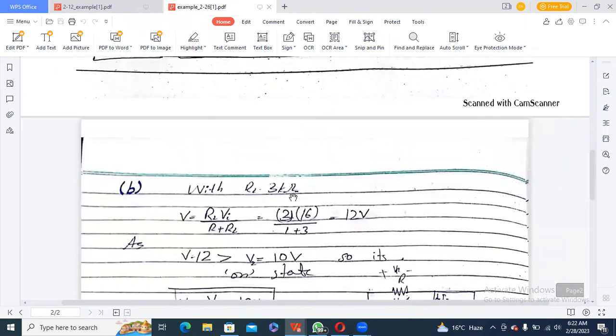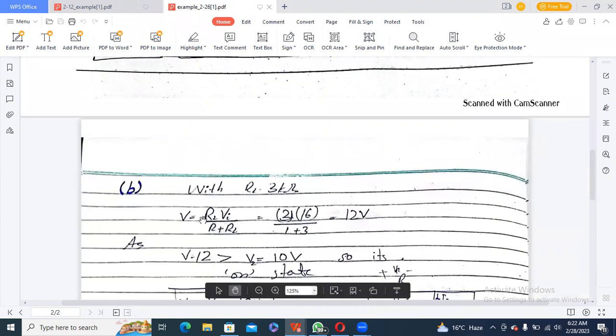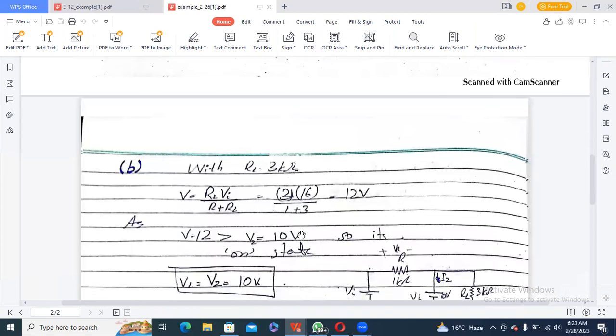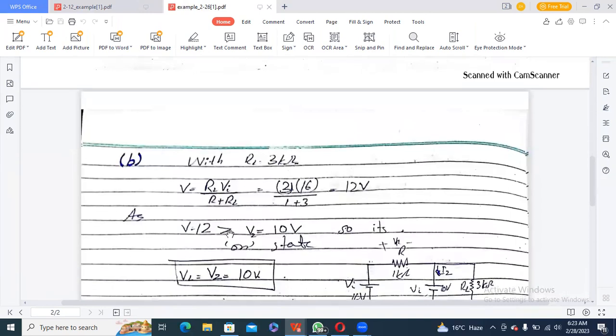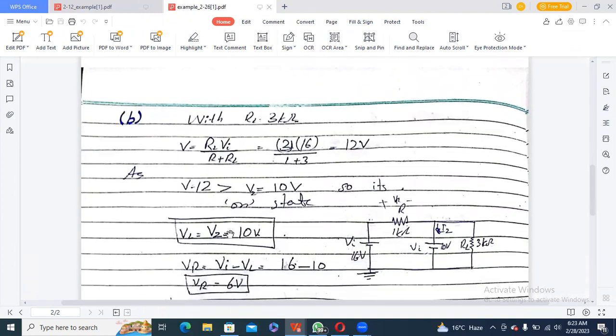With RL equal to 3 kilo-ohm, we have the same formula, RL VI over R plus RL. 3 into 16 over 1 plus 3, 16 into 3 is 48, and 48 over 4 is 12 volt. With 12 volt, which is greater than the Zener voltage of 10 volts, it is in the on state.